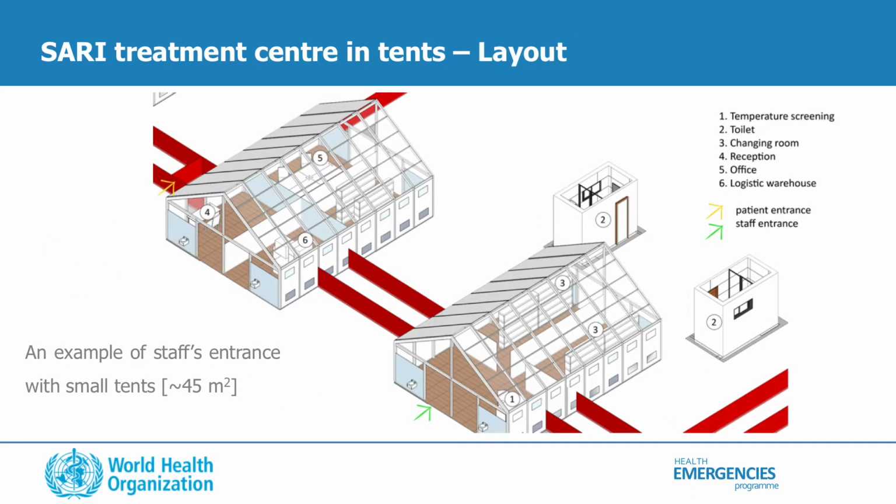This layout is an example of a staff's entrance with small tents of about 45 square meters and the different zones for the temperature screening, toilet, the changing room, reception, the office, but also the logistics warehouse.